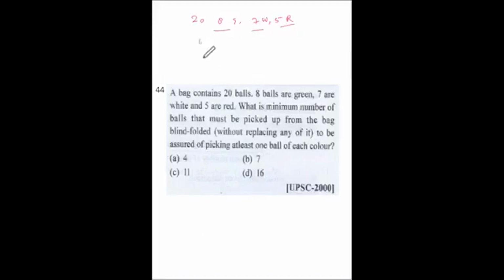So 8 plus 7, when we have picked these many, which is equal to 15, the 16th ball will be red, the third color. So we have answer D. The 16th ball will make us sure that we have picked balls of all colors.